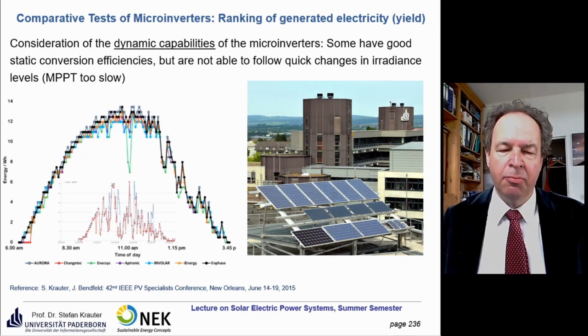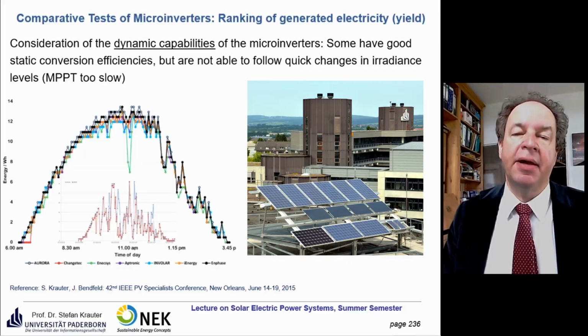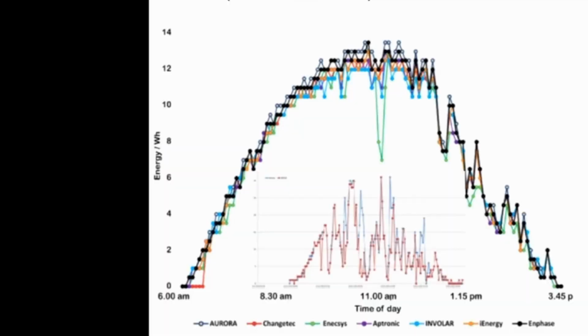We installed all the modules on the roof of the university, and then we compared them according to the injected electricity into the grid. This test also takes into consideration the dynamic capability of the microinverters. So the MPP tracking capability is also checked by that. As you see on this graph, we have quickly changing irradiance.